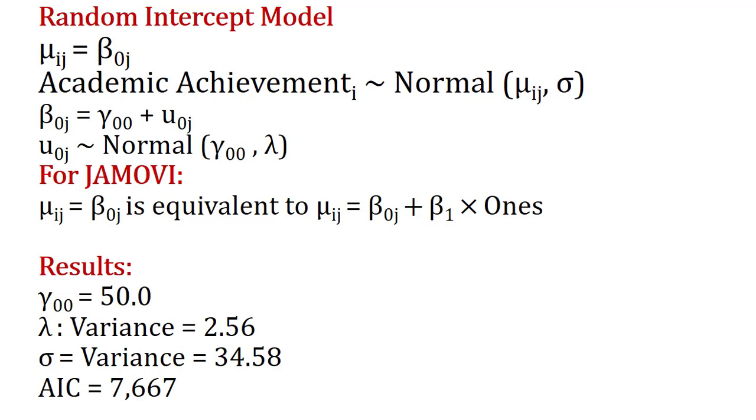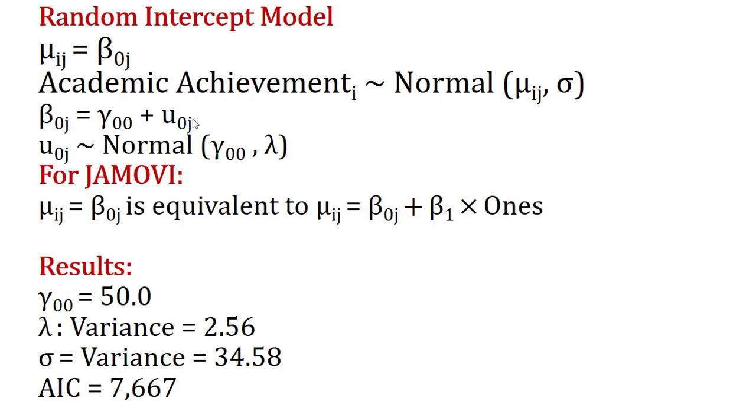Let's say that we know that the mean academic achievement of the sample is 50.5, and then let's say one region has a mean of 55.5.